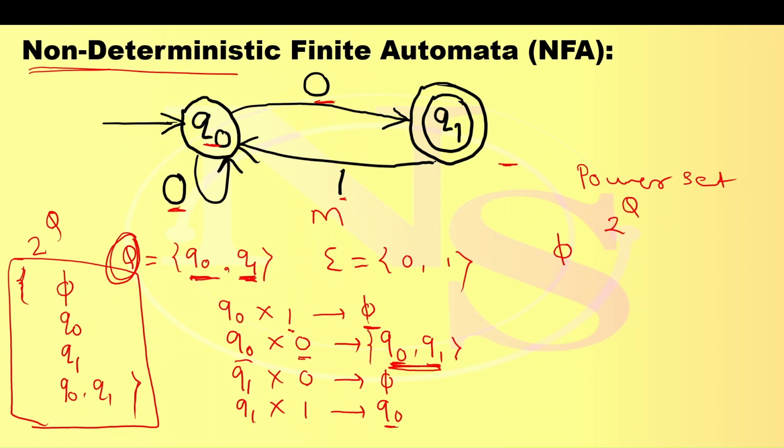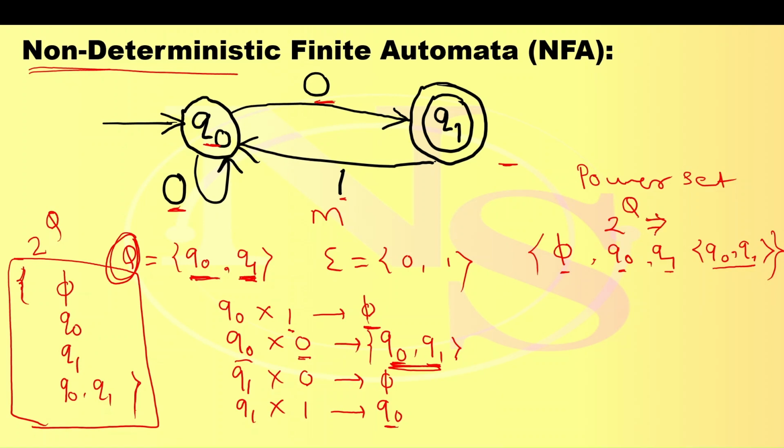If there are 2 states, then it will go to Q0, it will go to Q1, or it will go to both Q0, Q1. So the power set consists of all subsets. That is the power set definition. It will go nowhere, it will go to one state individually, or it will go to both states combined. That's the definition of power set.